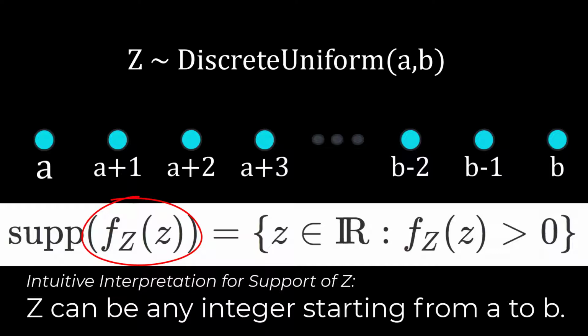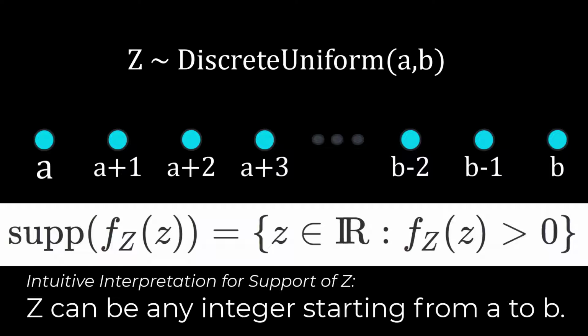Thus the support of f of z is all possible values of little z that are part of the real numbers, such that, read the colon as "such that", the plausibility measure is greater than 0, meaning there is at least an infinitesimally small chance of the realization, little z, occurring.